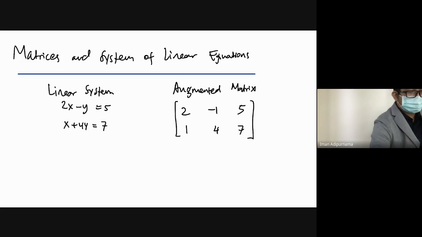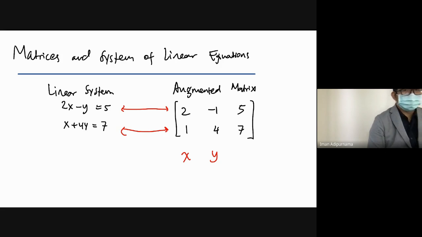The first column is our x, so the first column is x, the second column is y. And the equations, we can exchange this into an augmented matrix. So we can represent any linear system in matrix form.